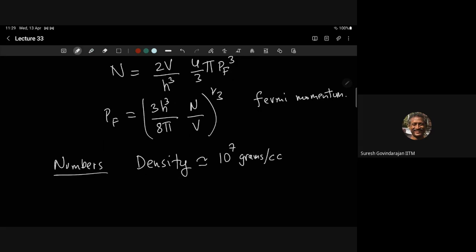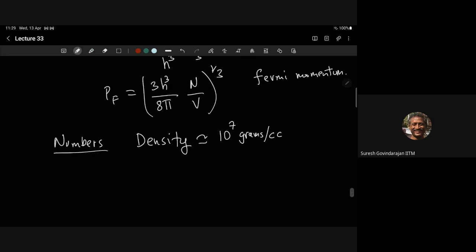But this is mass density. From this we know how to go to number density. And the typical mass is 10 power how much?